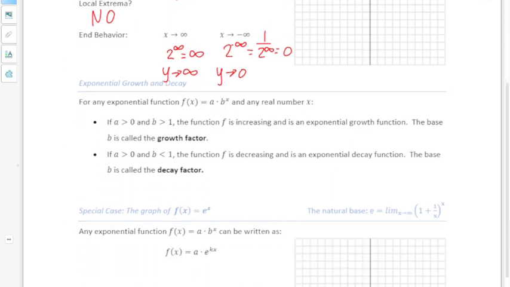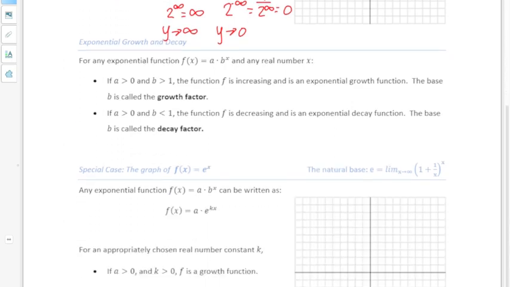So when we're looking at this kind of basic function, a times b to the x, we have some features of it that I just have summarized here. If your b value is greater than 1, then your exponential function is going to be growing. It's going to be getting larger. So just like the one that I had up above graphed. If your b value is less than 1, then it's actually going to be called a decay factor, and it's going to get smaller and smaller and smaller.